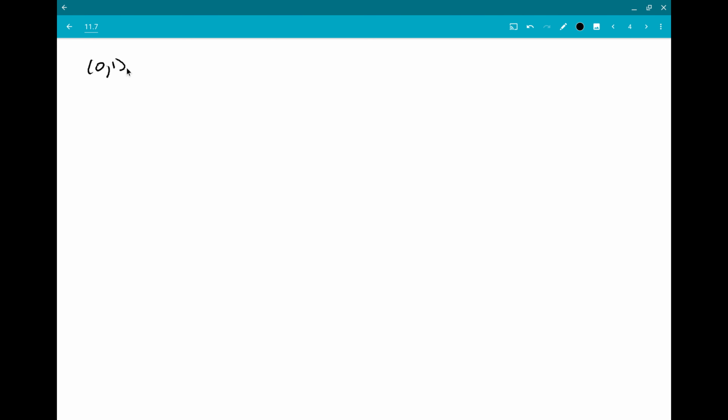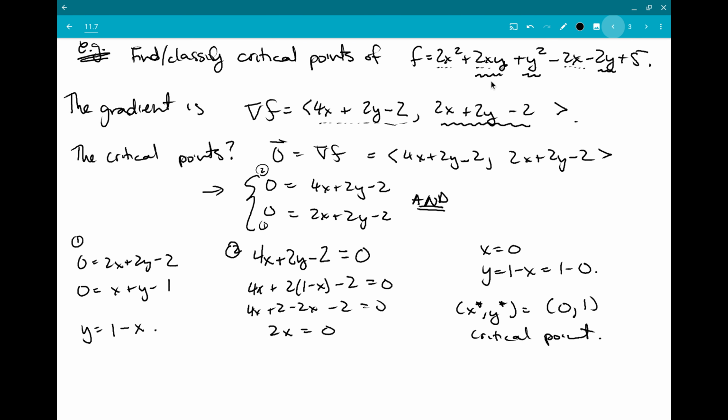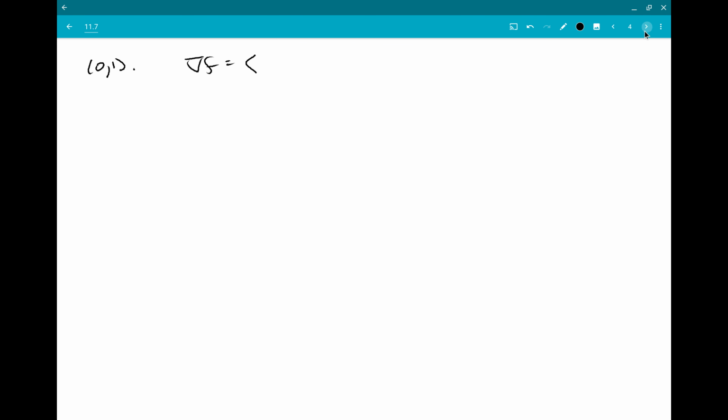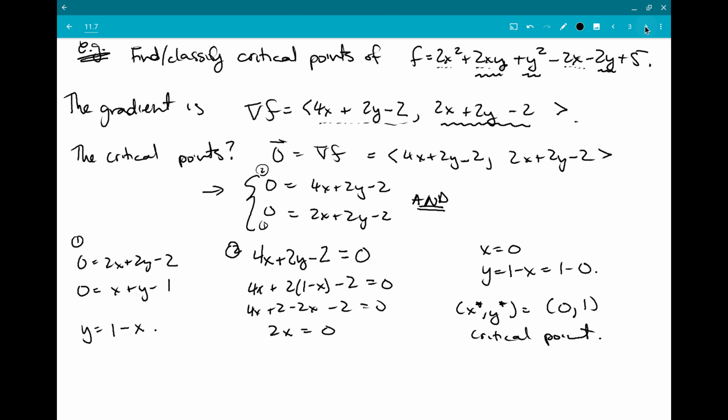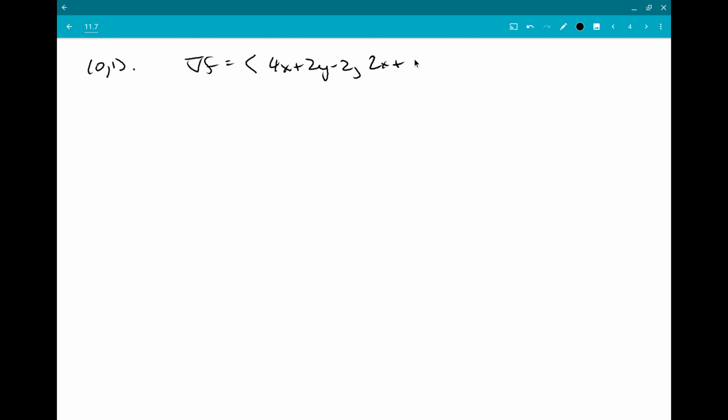And I had my gradient, 4x plus 2y minus 2 and 2x plus 2y minus 2. All right, and the reason I wanted the gradient over here is because that gave me f sub x and f sub y.